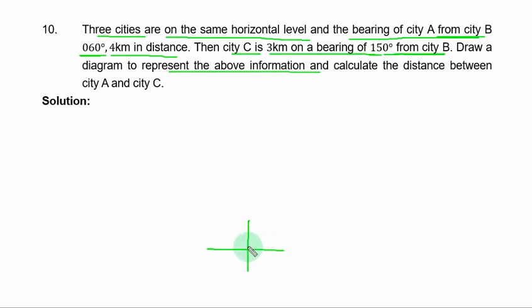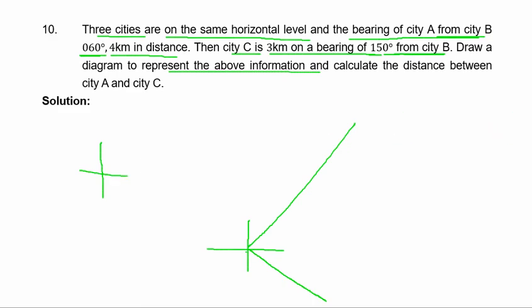So 60 is to city A. 150 is to city C. That means you have city C outside your notes or your writing material. So city B should be somewhere here so that you can create space for city A and city C.